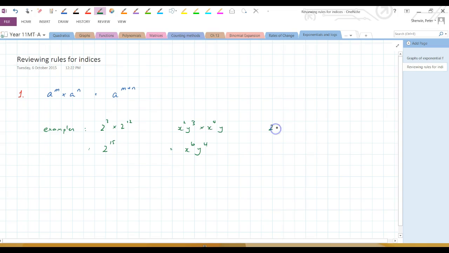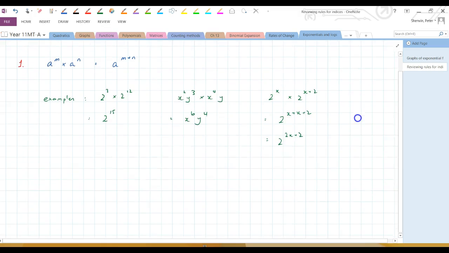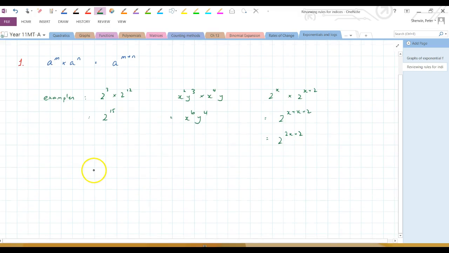Maybe have a look at another example with 2 as the base, with powers of x and x plus 2. Again, we just hold the base and add the powers x plus 2, so we get 2 to the power of 2x plus 2. And if you can do these ahead of me writing the answers, as I've said before, that's so much the better.